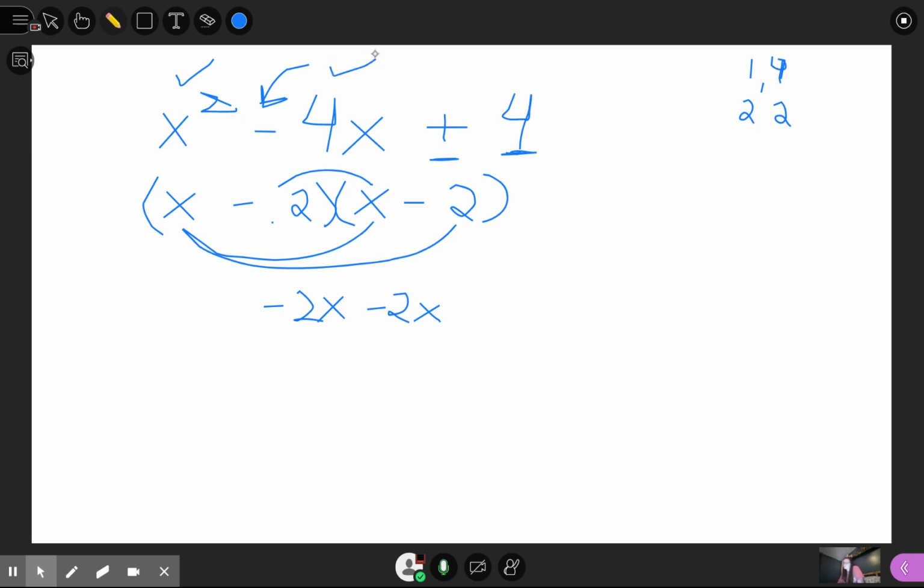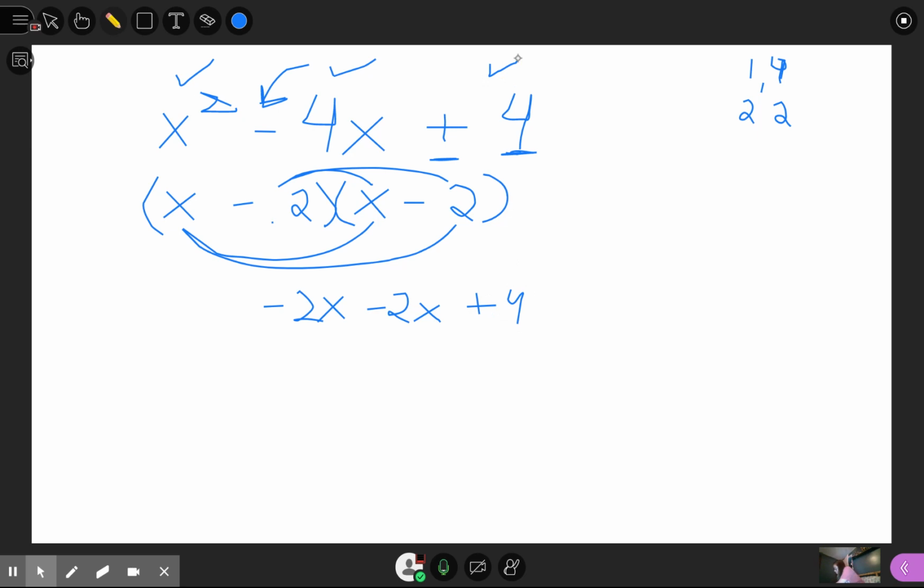If you're not sure, check it on your calculator. Take negative 2 minus 2. And then finally, we have the negative 2 times negative 2, known as last. If you're doing first, outer, inner, last. Negative 2 times negative 2 is positive 4. So that checks out.